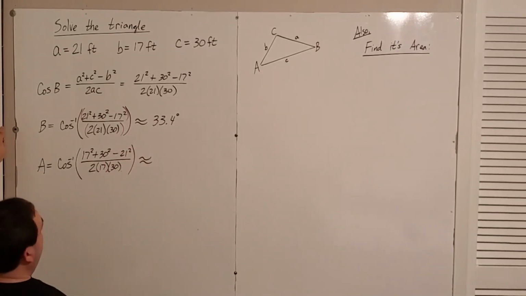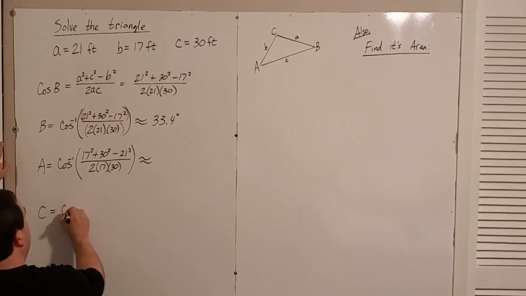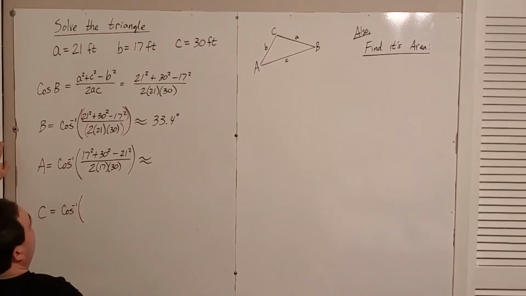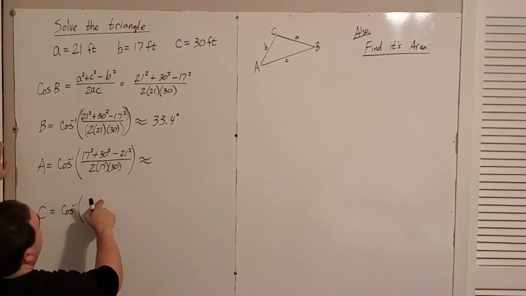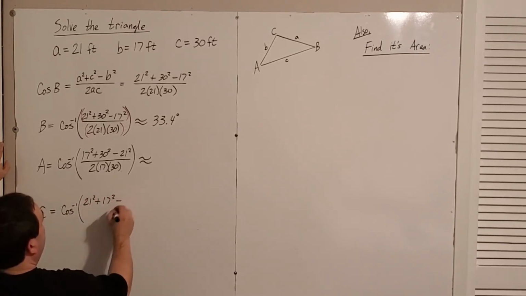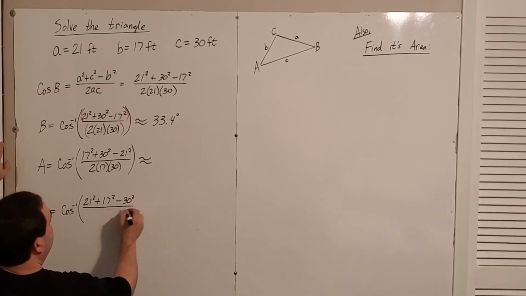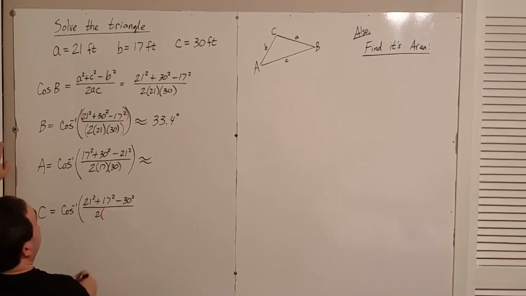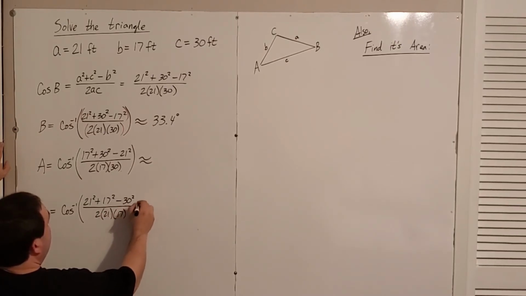We'll crunch that one up. And then angle C, very similarly, is going to be inverse cosine of A squared and B squared, so 21 squared, 17 squared, minus C squared, 30 squared, over 2 times A times B.